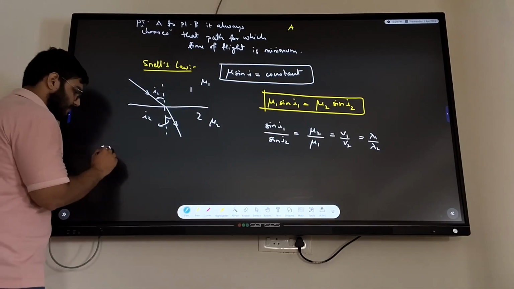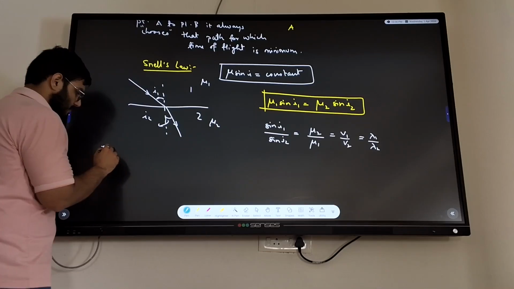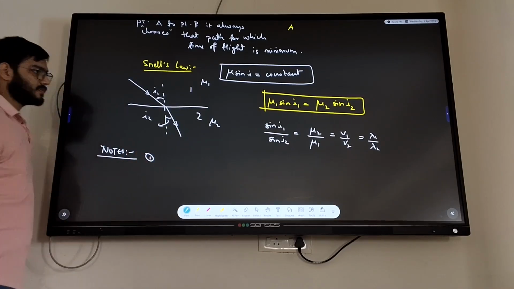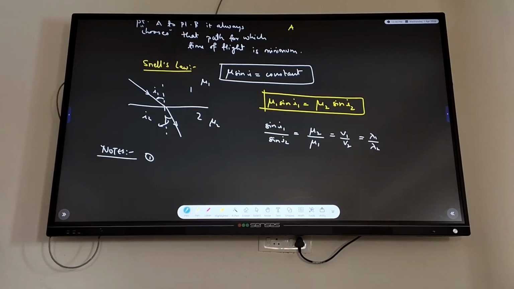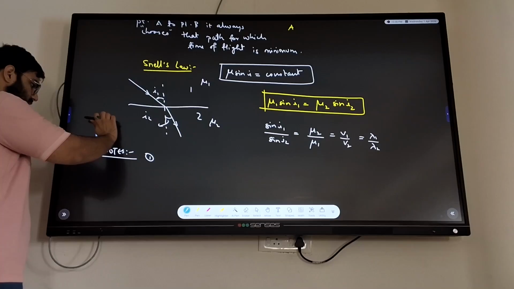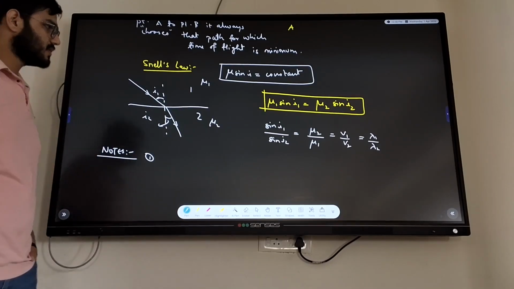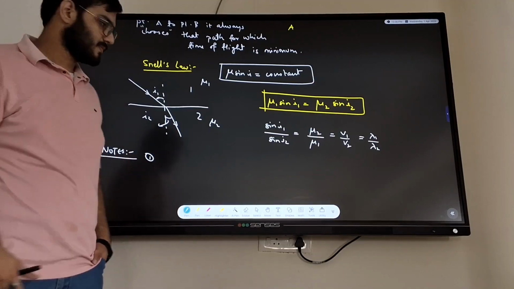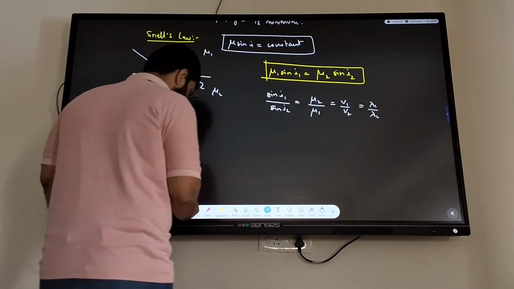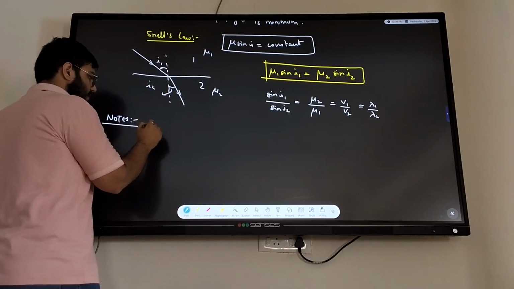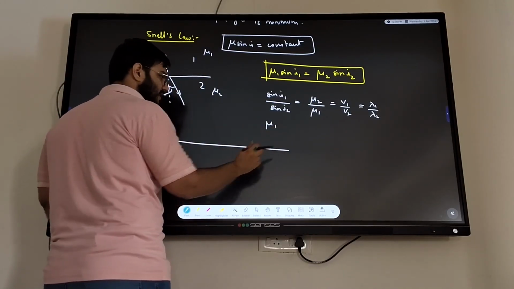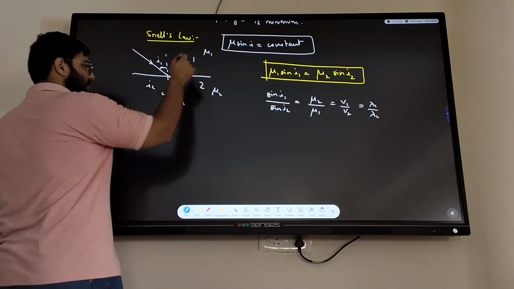Now let me write some notes. Let's say you have a refractive index mu1 here and there is a mu2 here.